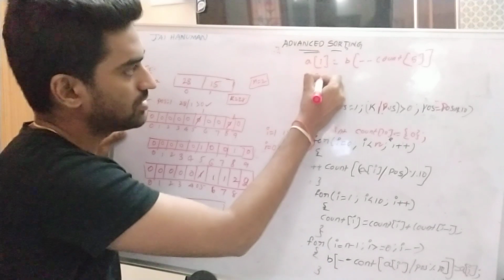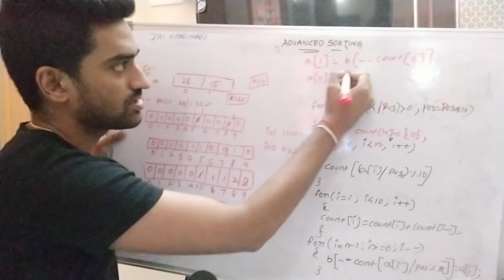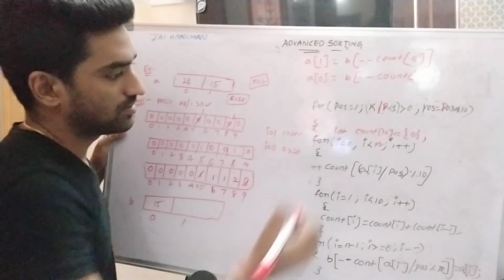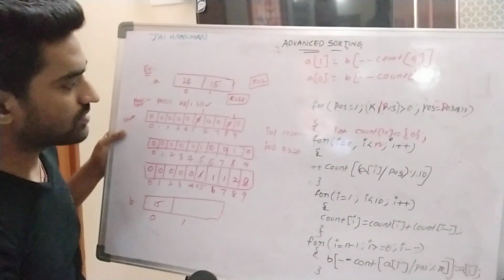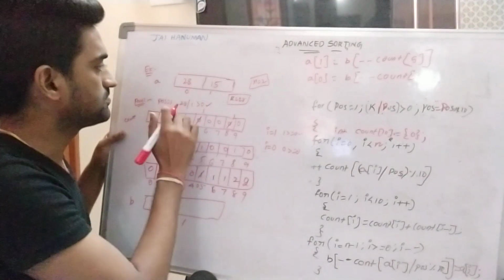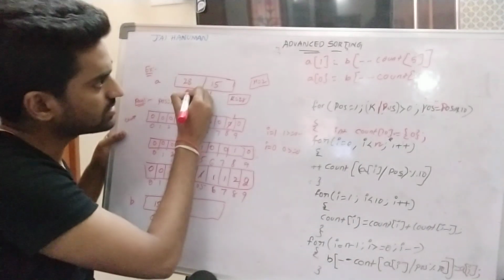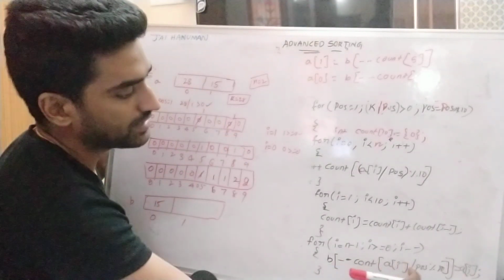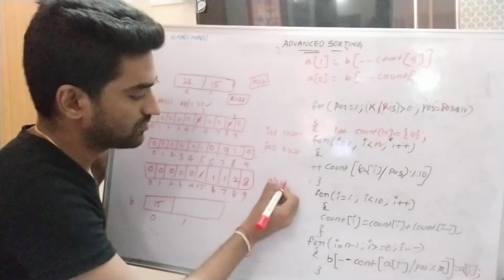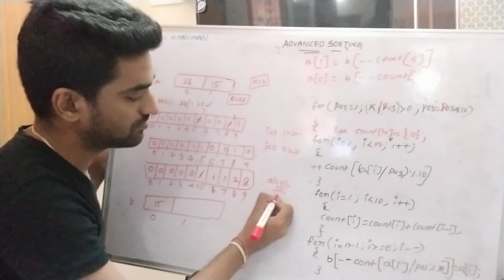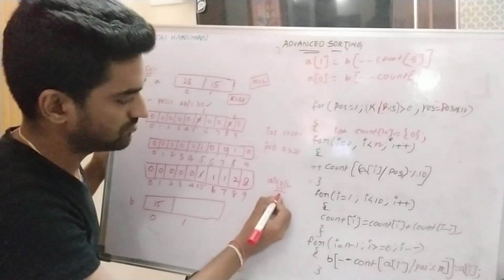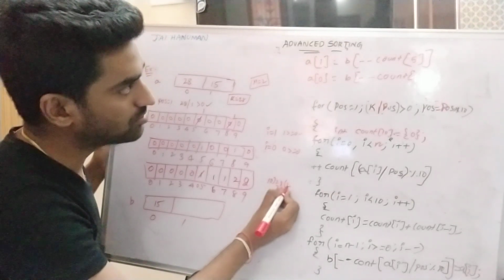Now update the B array with the help of A of I. A of 0 is equal to B of minus minus count of A of 0. So A of 0 is 28. So 28 by 10, so 10 twos are 20, and this is 8.